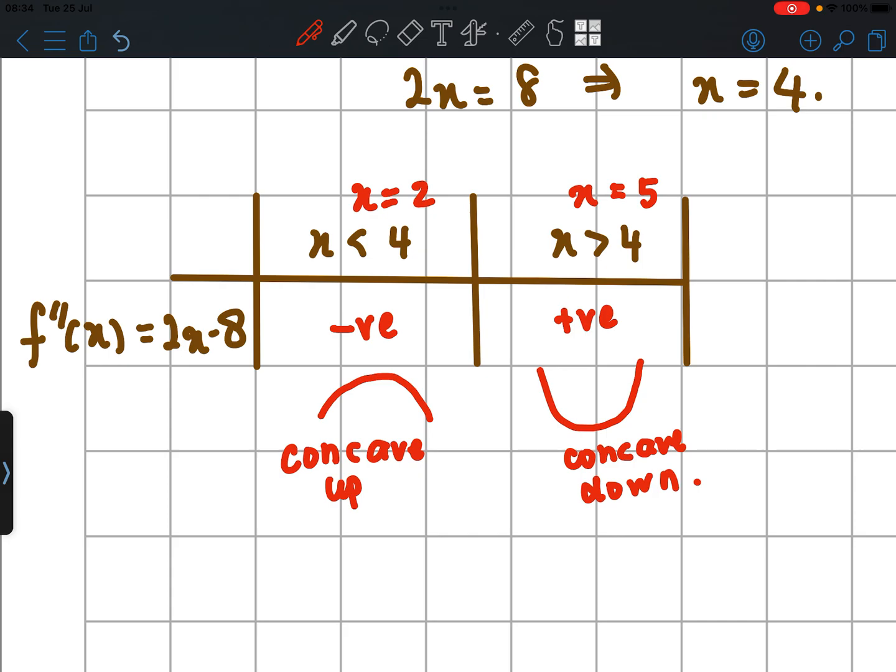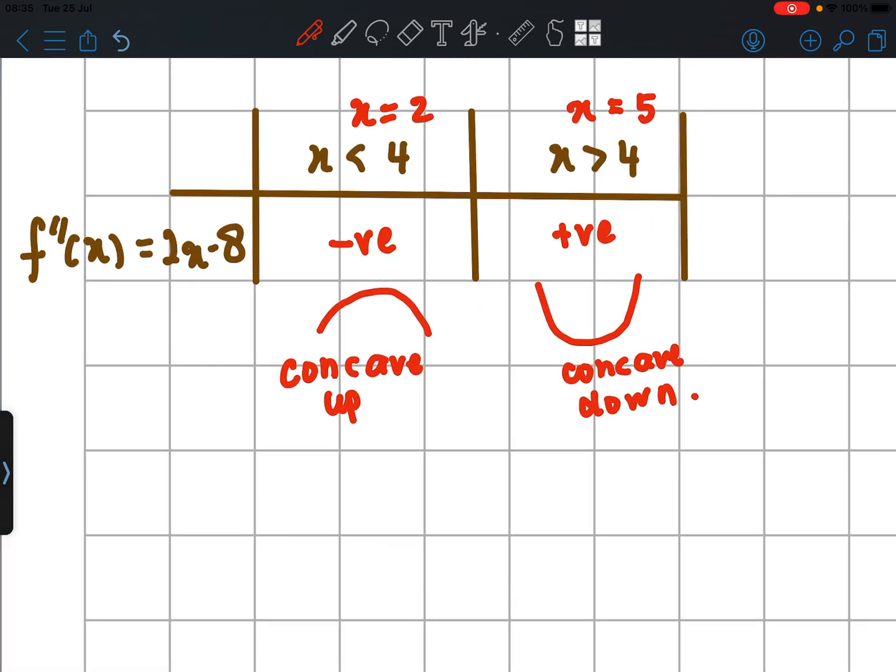Alright, so let me check my answer first to ensure that everything is correct. Yes, so concave up and concave down.